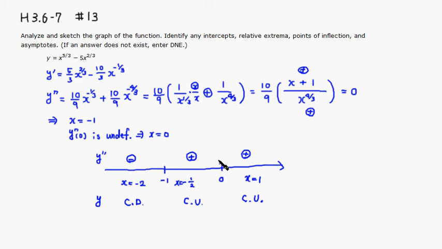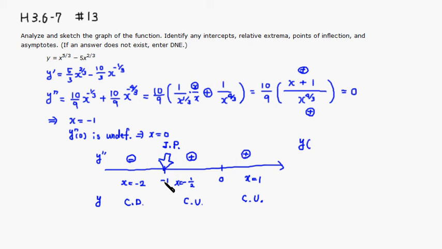So there's no concavity change at 0, so there's no inflection point, but at negative 1 there's a concavity change, so you have an inflection point there.